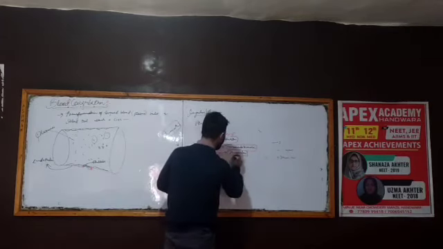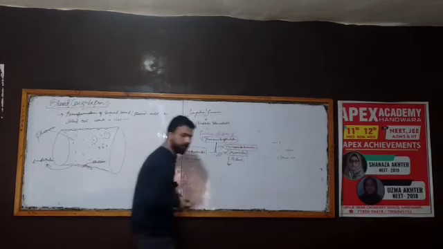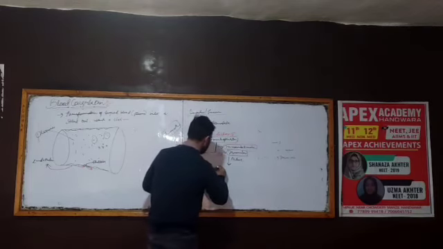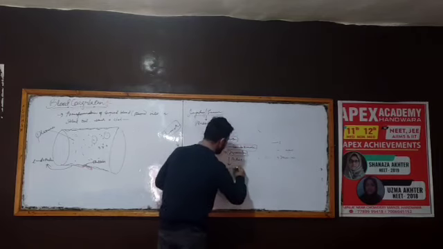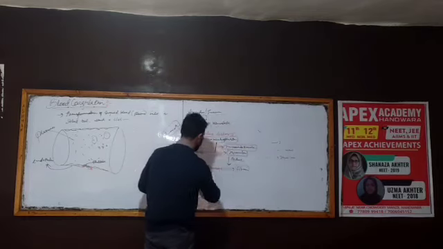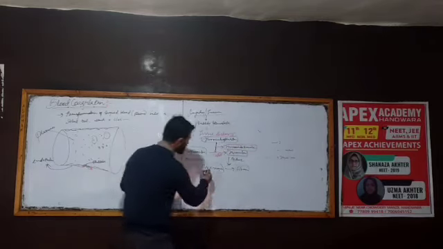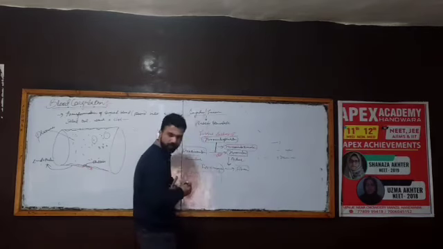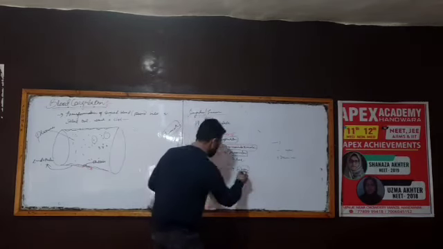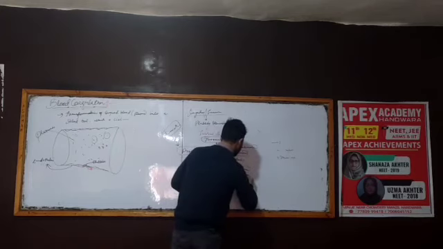What happens? This thrombin converts fibrinogen to fibrin. Right? Yes, sir. This fibrinogen is inactive, an inactive substance, and this fibrin is active.